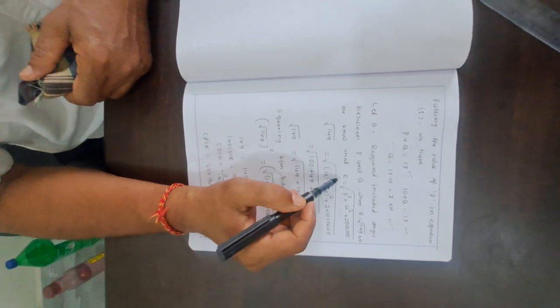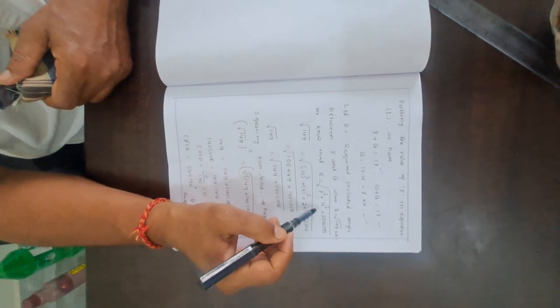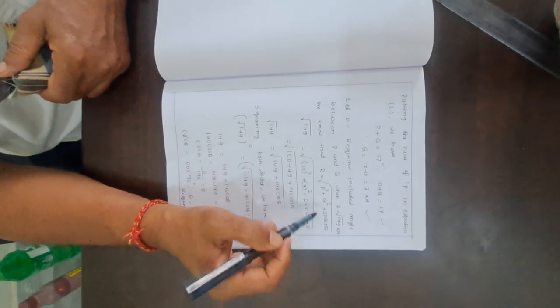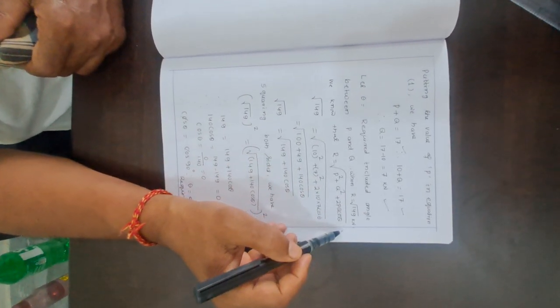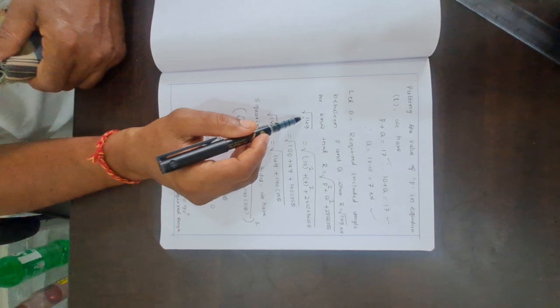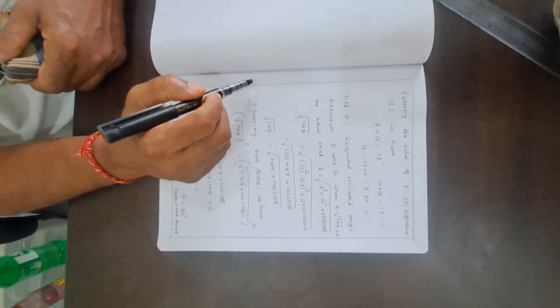You know that R is equal to root over P square plus Q square plus 2PQ cos theta. Here R is equal to root over 149.